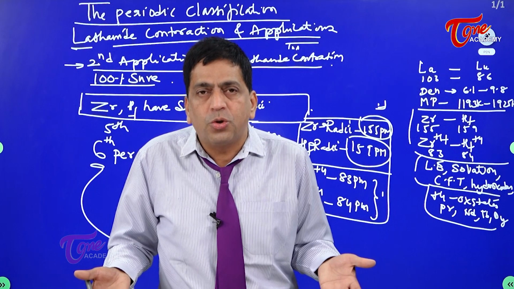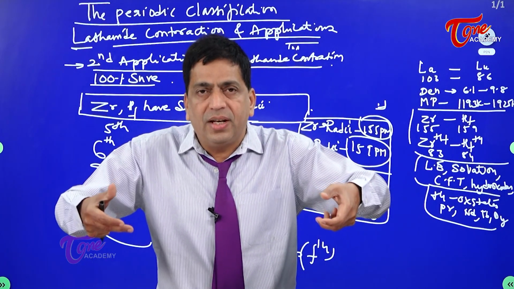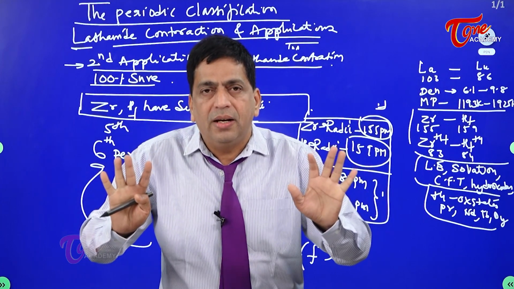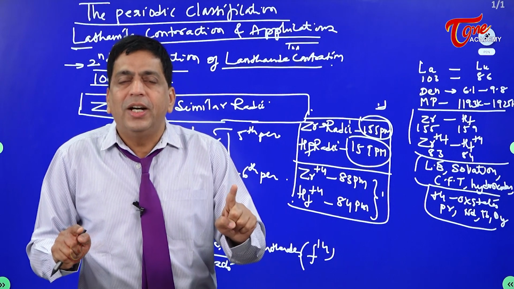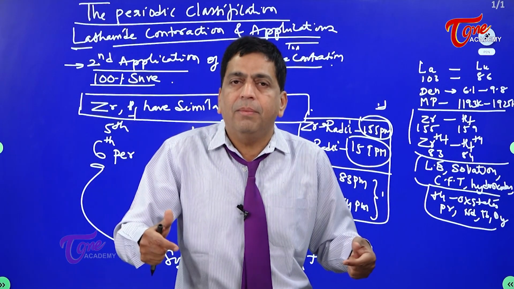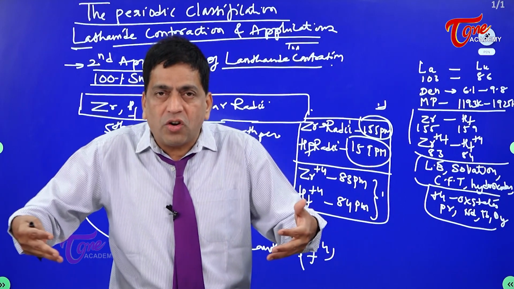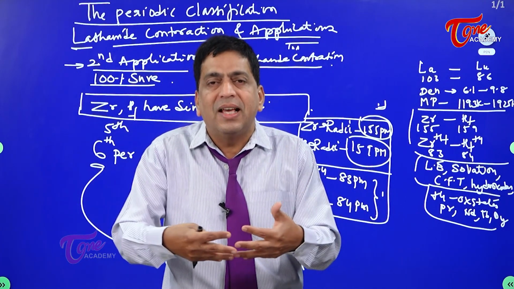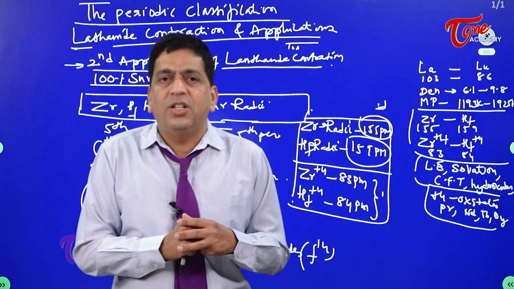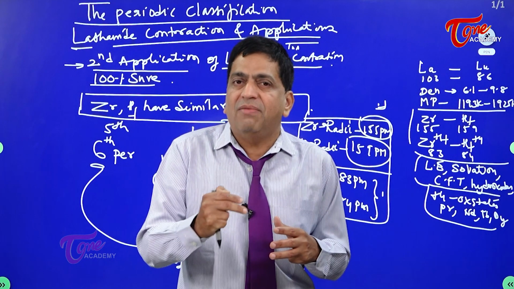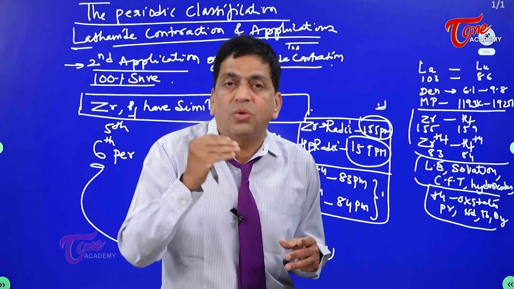Now, what I wanted to tell you is, between lanthanum and hafnium, if you have 14 elements, you expect a huge jump in radius. But that doesn't happen because the 14 elements have contracted among themselves and then climb up to 72. So you don't expect a great jump in size, and that will have an effect on the element corresponding to the 5th period.